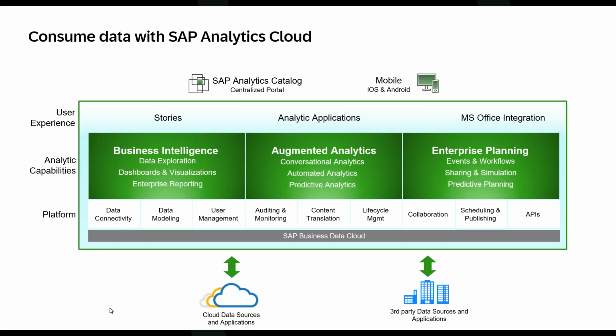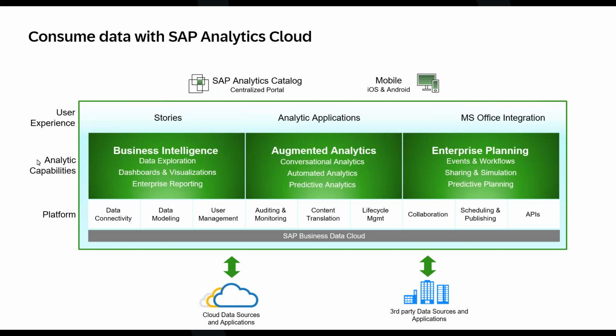So SAC is the main reporting tool today for SAP, of course. SAC provides users the possibility to create stories, dashboards, analytics applications, or to directly integrate a chart or a tab into Excel or PowerPoint.